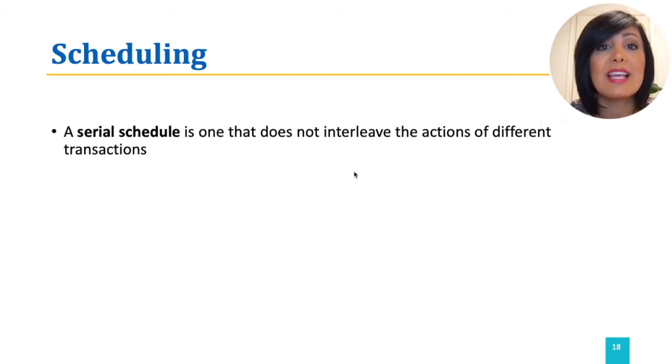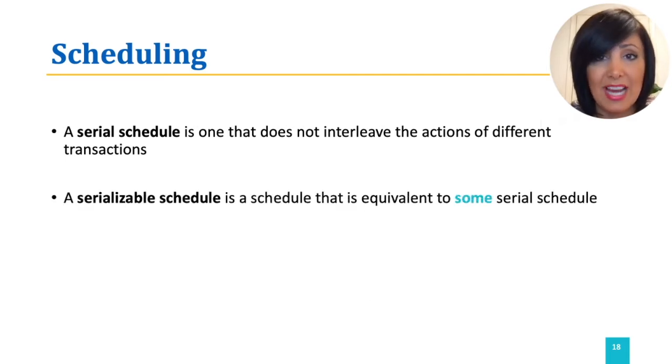The scheduler provides the schedule, which is a sequence of important actions like read or write, followed by a commit if the transaction is successful, or an abort if not, which are taken by one or more transactions. A schedule is a serial schedule if actions of different transactions in it are executed from start to finish, one by one, and it does not interleave the actions of different transactions.